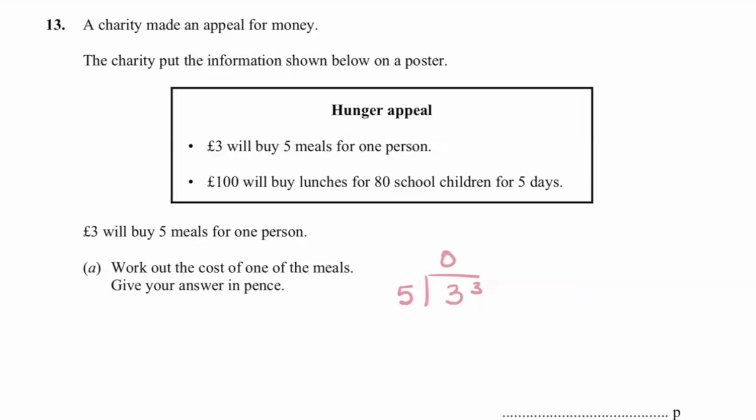When you reach a situation like that, you need to give it a 0. When you give it a 0, you need to remember to put that decimal point up in your answer. Now, 5s into 30 goes 6. And what we need to do is interpret our answer, that decimal of 0.6, in money, in pence. And that is 60 pence.